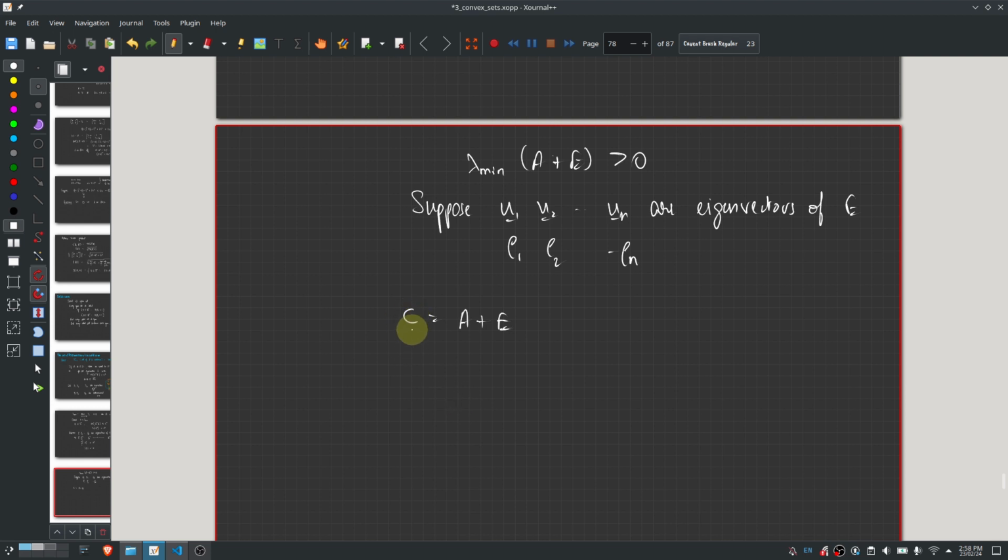Let's suppose that W1 through Wn are eigenvectors of C, and Mu1 through Mun are the corresponding eigenvalues.